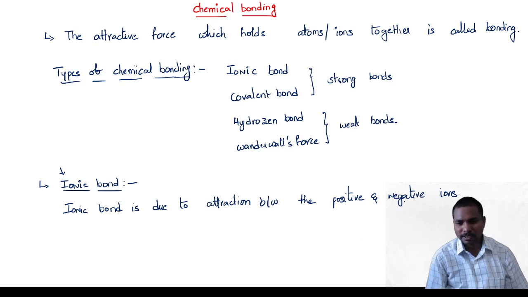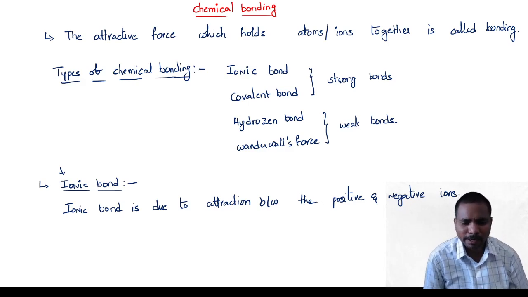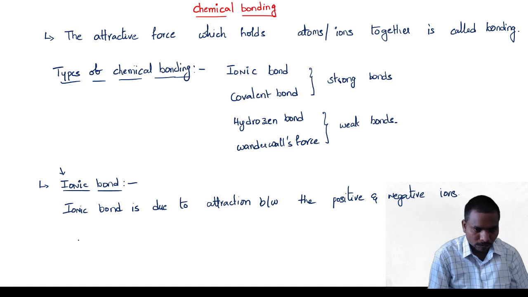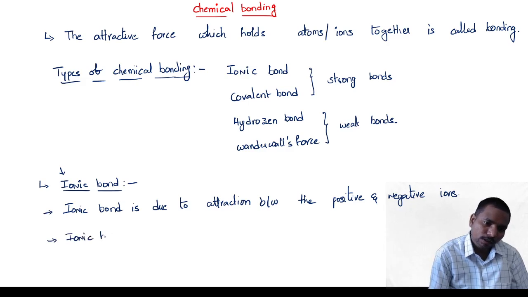Metals have the positive ions and non-metals have the negative ions. So second point, ionic bond is the bond between metal and non-metal.